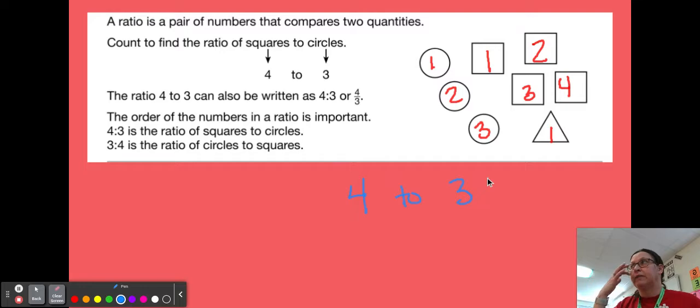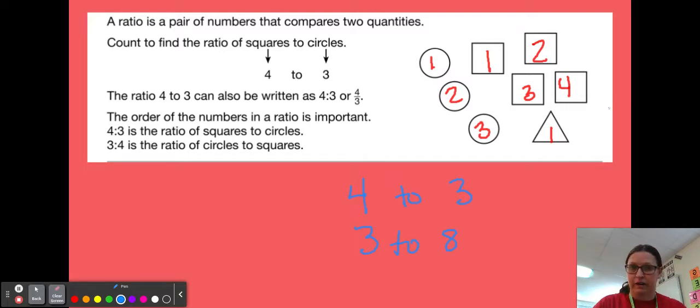When I am comparing squares to circles, I have to write down how many squares there are first and then how many circles. Or if I say there are 3 circles to how many total shapes: 3 plus 4 is 7 plus 1 is 8. So it would be 3 to 8. I'm comparing the circles to the total shapes.